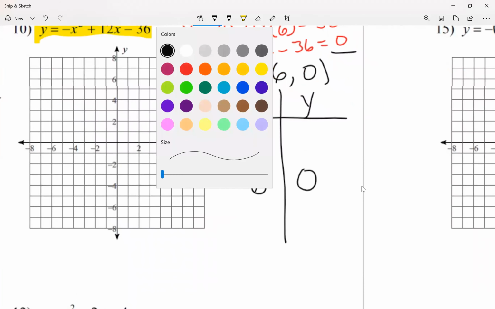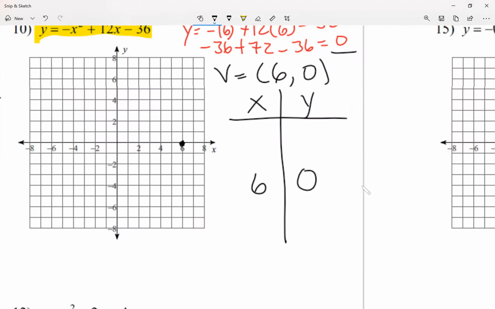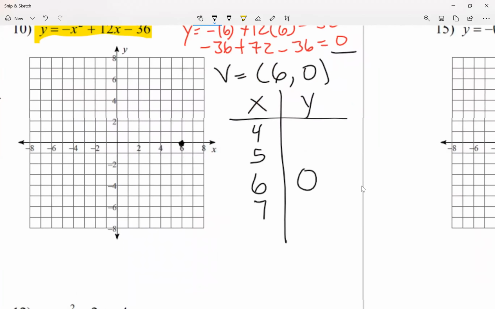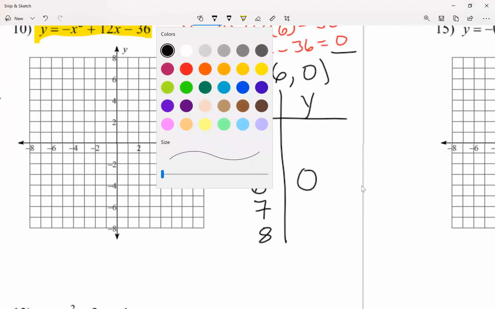Now let me go 2 numbers below 6: 5 and 4. Now 2 numbers bigger than 6: 7, 8.